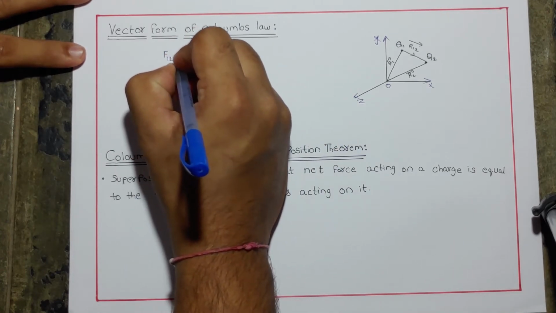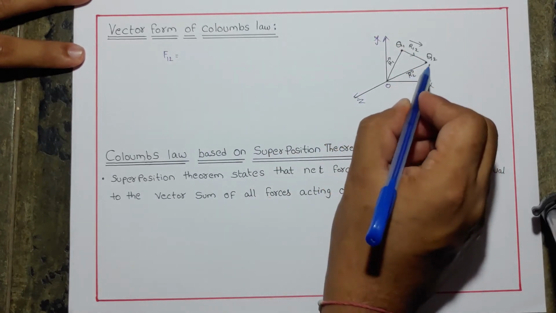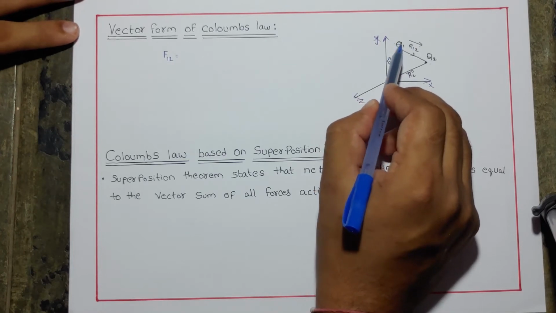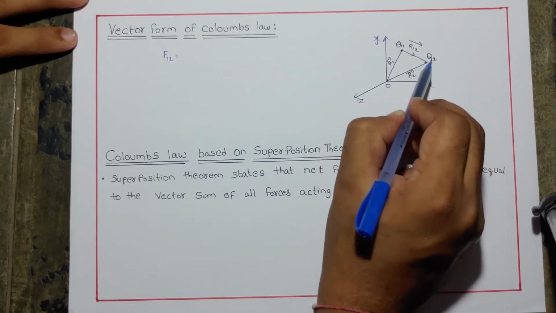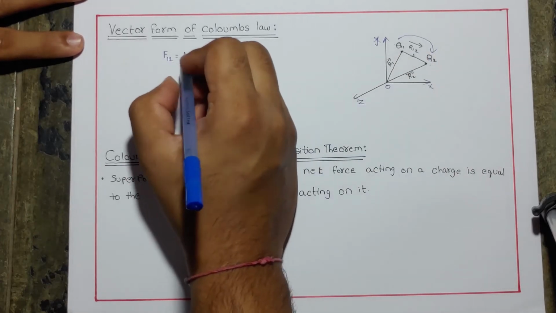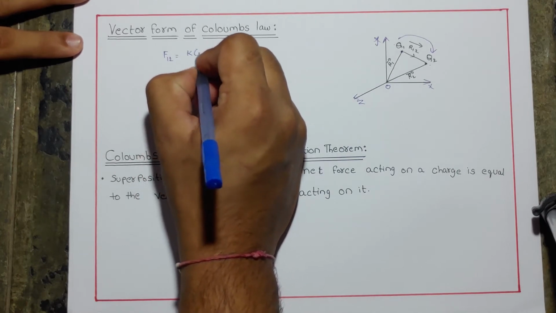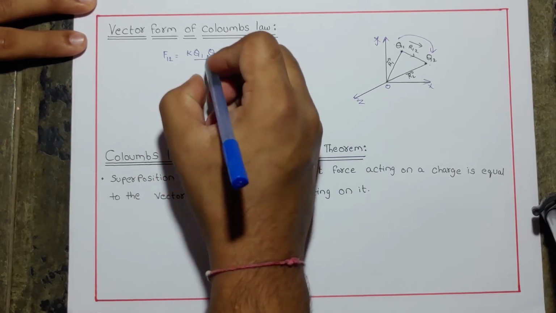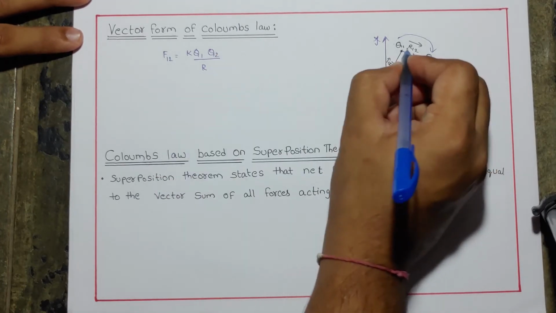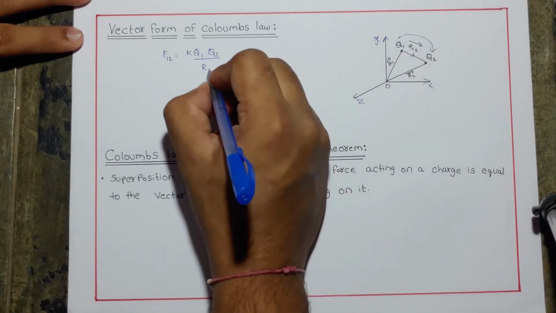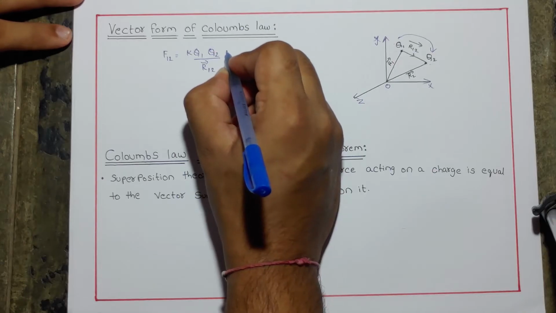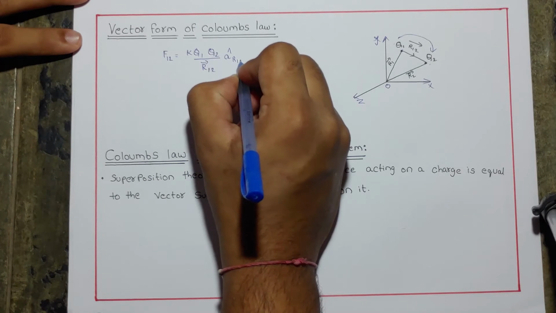F12 is the force on Q2 due to Q1, that is the force applied by Q1 on Q2, which is K times Q1 Q2 by R square, where R is a vector quantity from R1 to R2, with a unit vector a from R1 to R2.